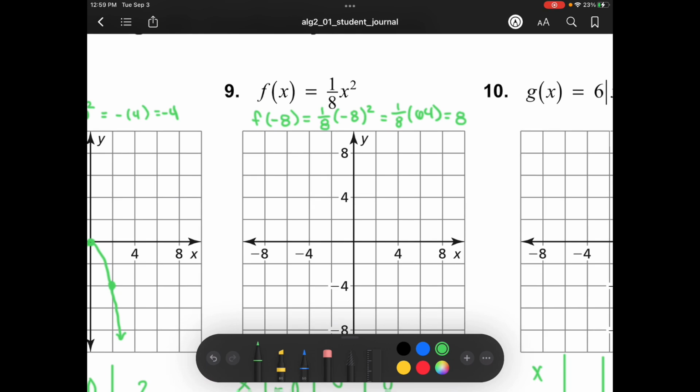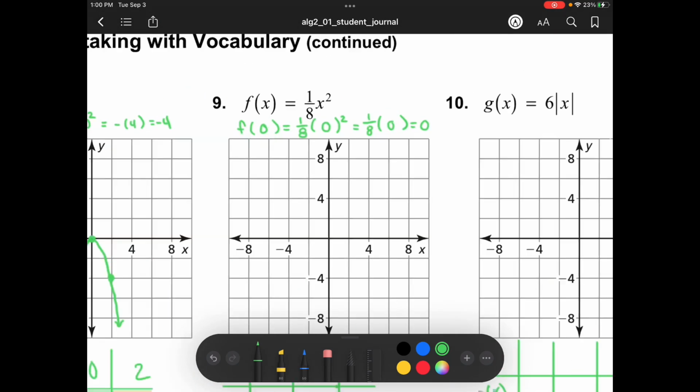The next thing that we're going to do is we're going to plug in 0. We should have 0. 0 squared is 0 times 1/8 is still 0.